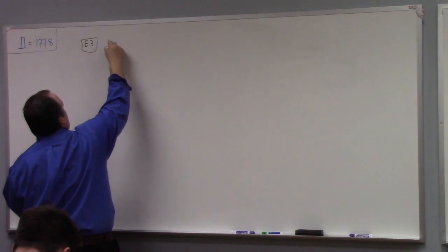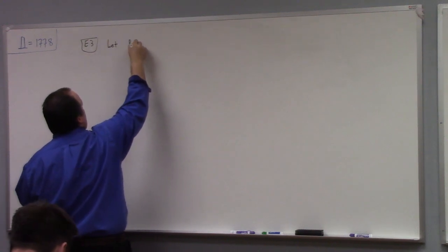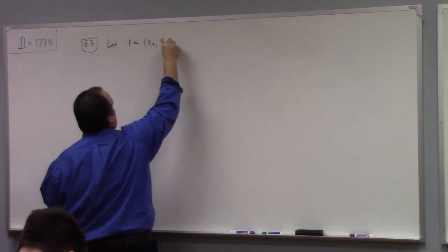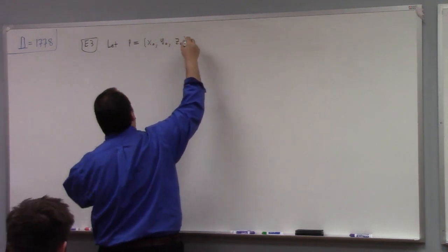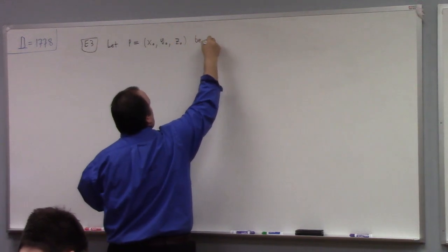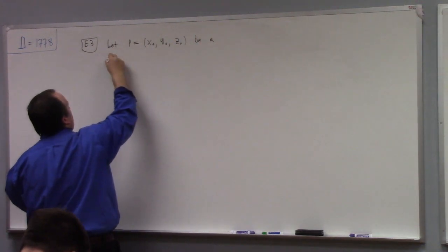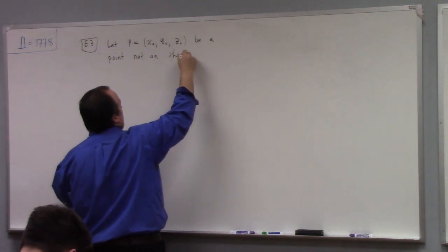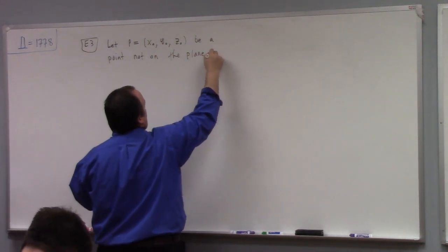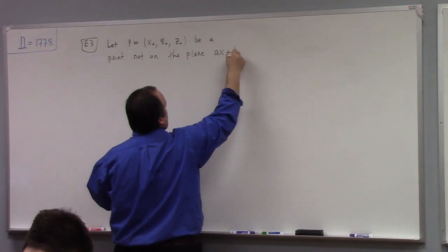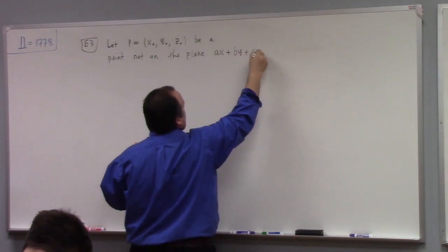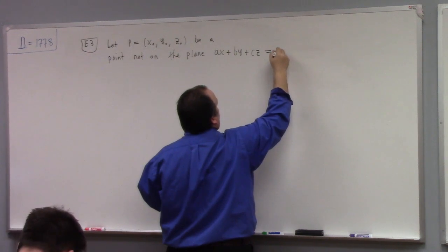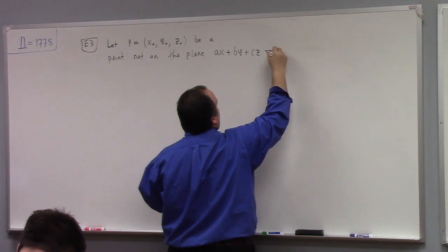Let P equal to (x naught, y naught, z naught) be a point not on the plane ax plus by plus cz equal to aleph.